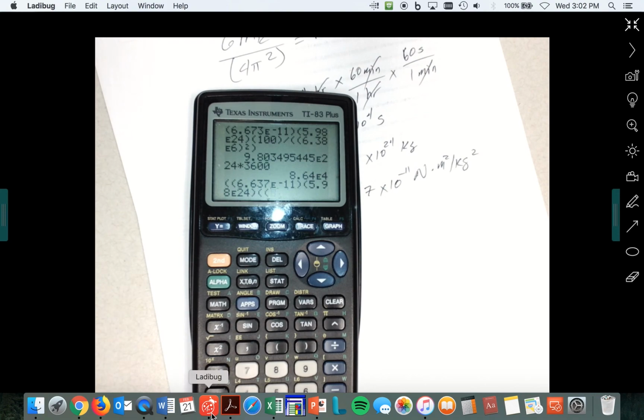I'm going to put that in parentheses because t is big: 8.64 second E to the fourth squared, close parentheses.